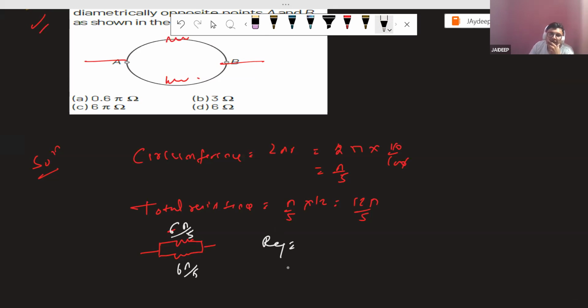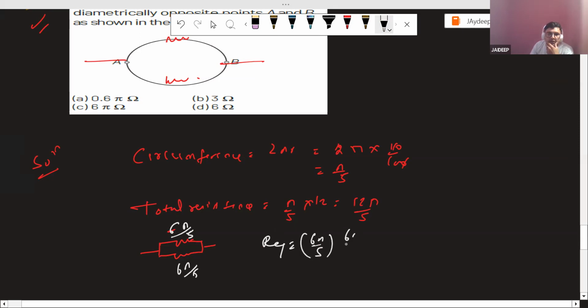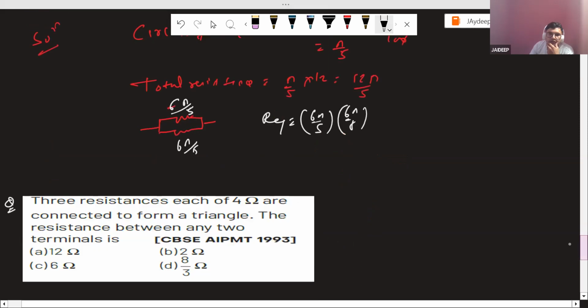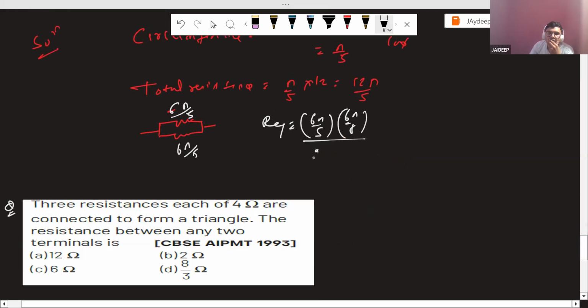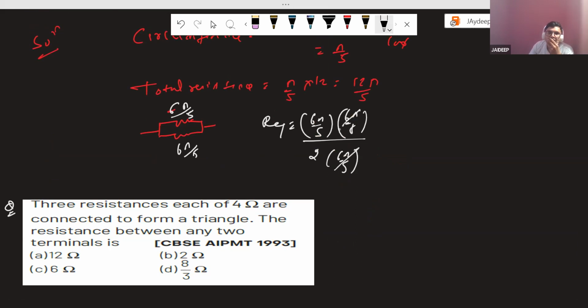Alan, Saifullah, just a minute. R equivalent equals to... I think 0.6 pi.